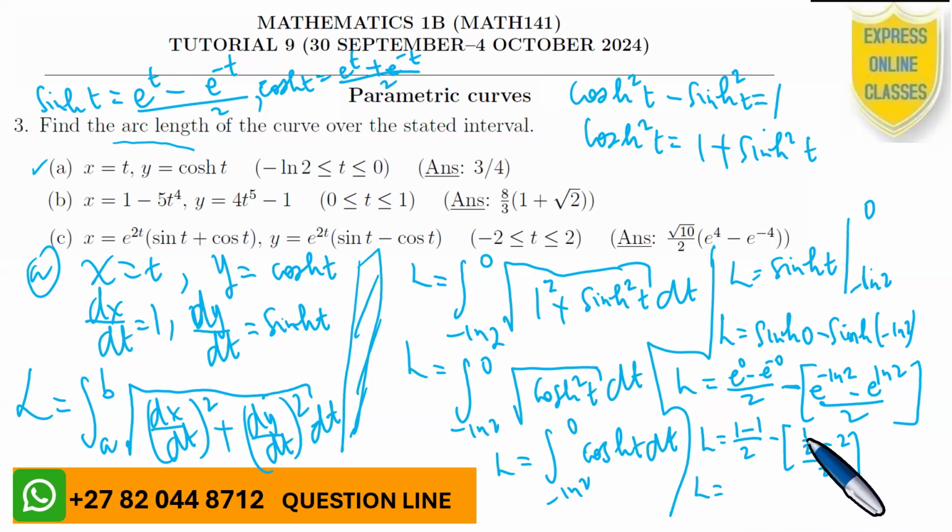And then you have 1 half minus 2, which is minus 3 over 2, which is going to give us exactly 3 out of 4, because it's 3 out of 2 divided by 2, which is 3 out of 4, which is actually the answer we've obtained there. And this gives us the arc length of a parametric curve in part A.